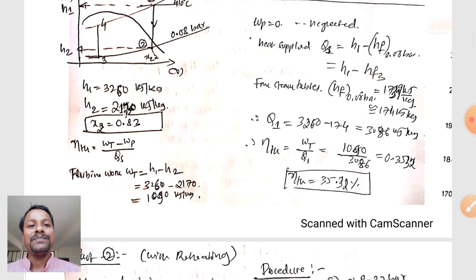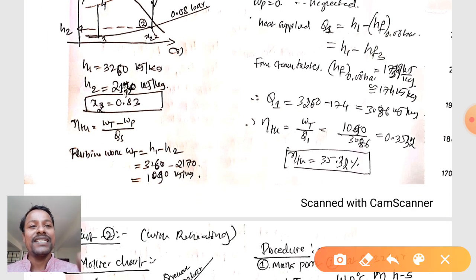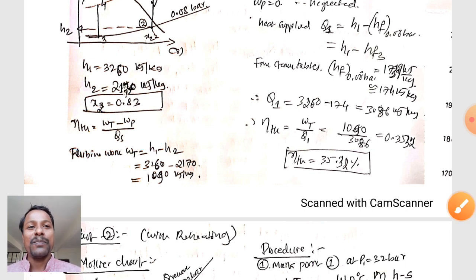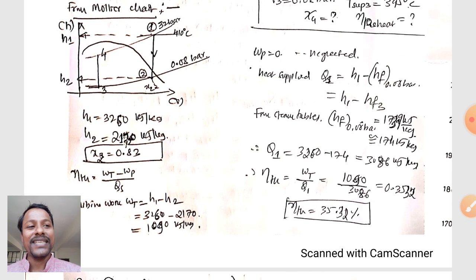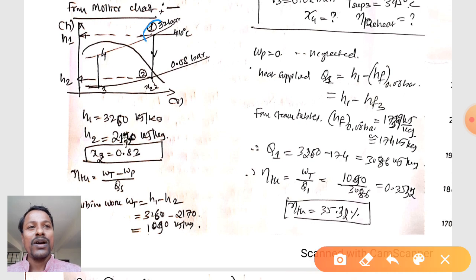So we know that the thermal efficiency is always given by turbine work minus pump work divided by heat supplied. So here we are neglecting the pump work, as the pump work is negligible. So turbine work, you know the turbine work in this simple Rankine cycle is H1 minus H2, which means I need enthalpy values at state 1 and state 2.